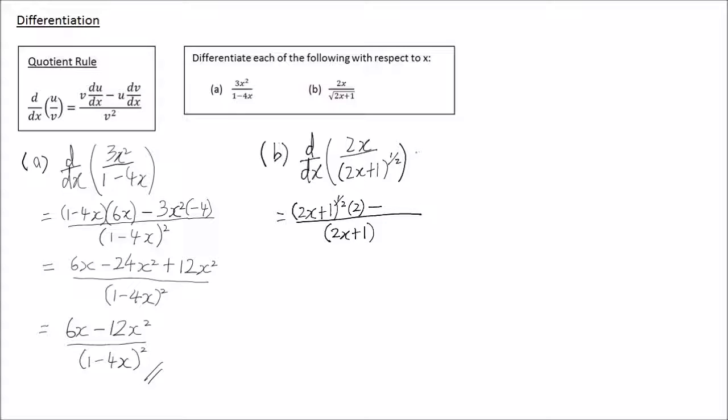Minus, now we write down the numerator here and we differentiate the denominator. When you differentiate this denominator, what you get will be half, because you have to bring the power down, and then we write the bracket and reduce the power by 1.